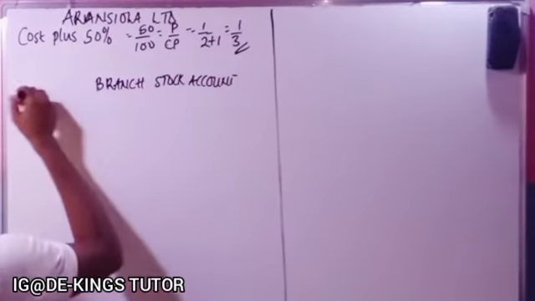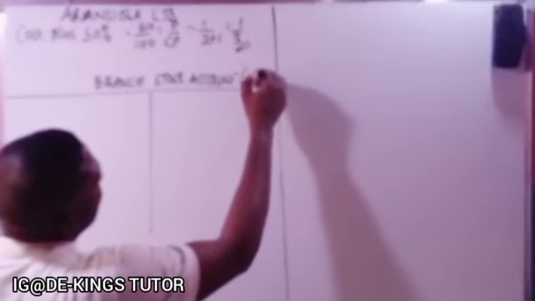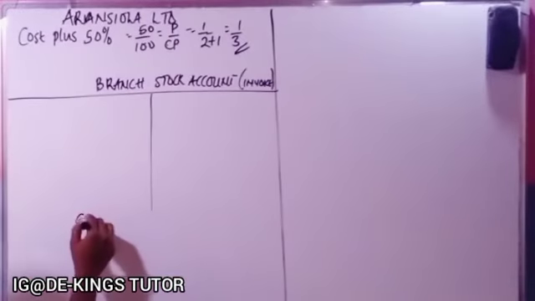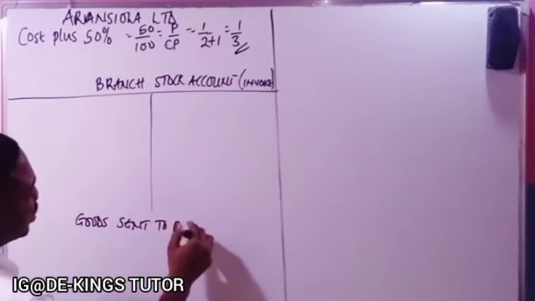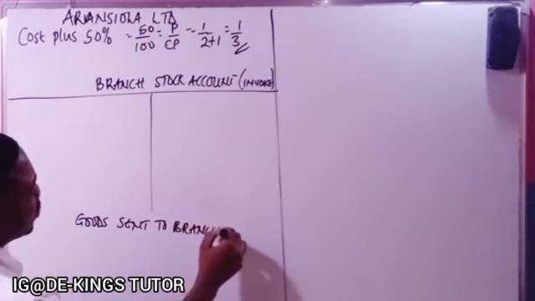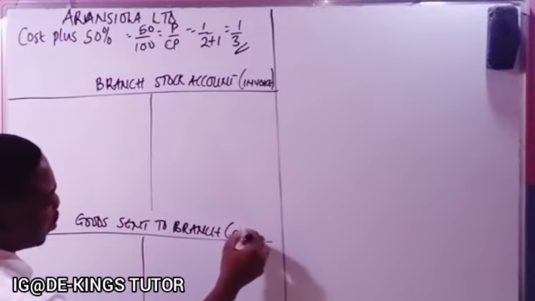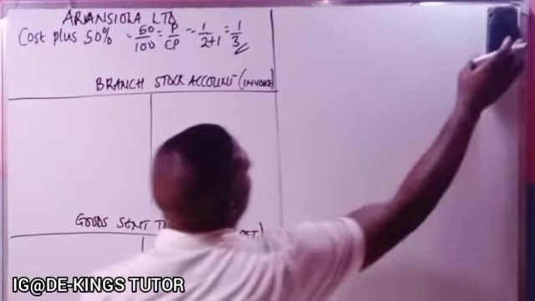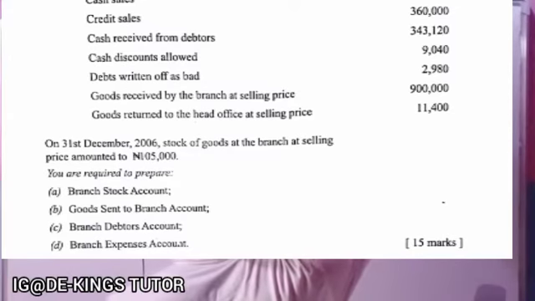Remember, in the branch stock account we put the invoice price. That's what we record there. The second one is the goods sent to branch account. In the goods sent to branch, we record the cost. The third one is the branch debtors account.